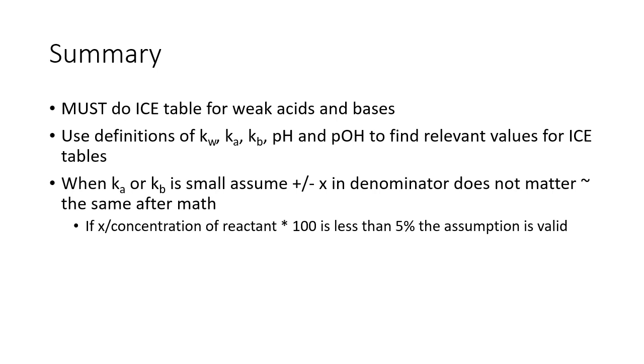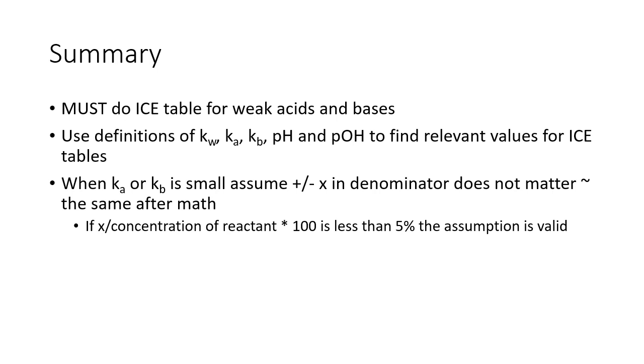You must do an ICE table for weak acids and bases. There's no way around it. If you have a weak acid or a weak base, you will be doing an ICE table. You're going to use the definitions of Kw, Ka, Kb, pH, and pOH to find relevant values for said ICE tables. And when Ka or Kb is tiny, you can assume that the plus or minus x in the denominator does not matter.